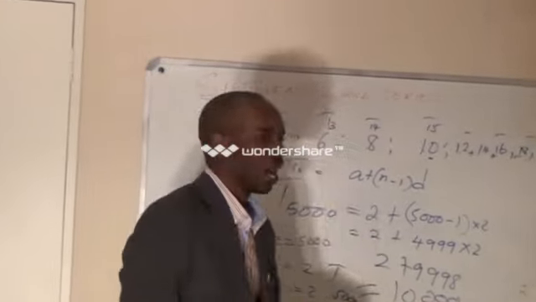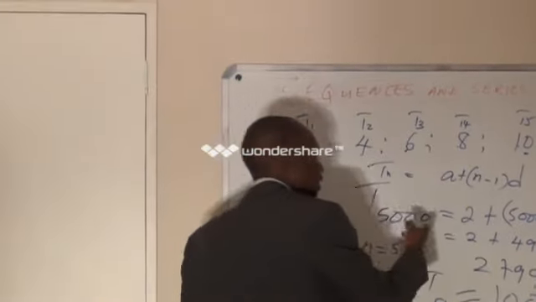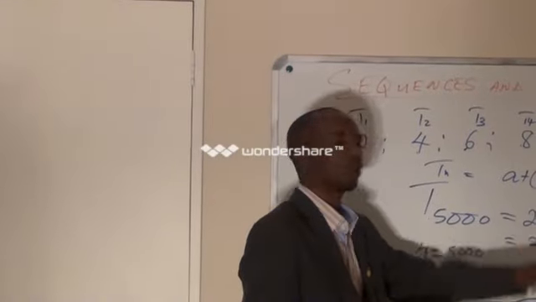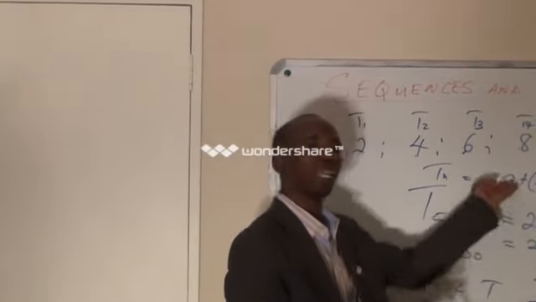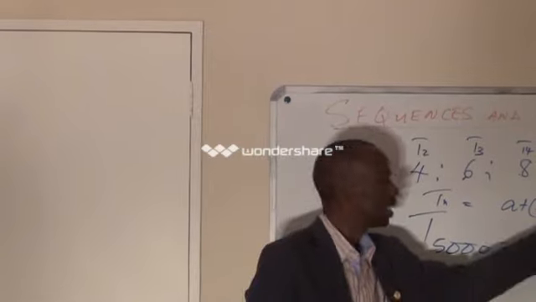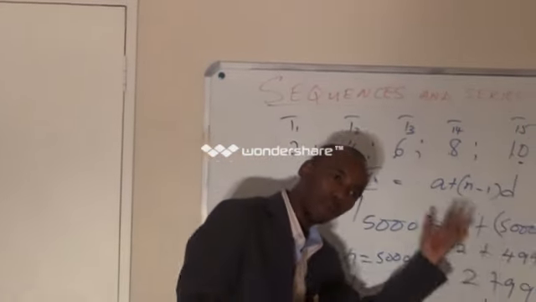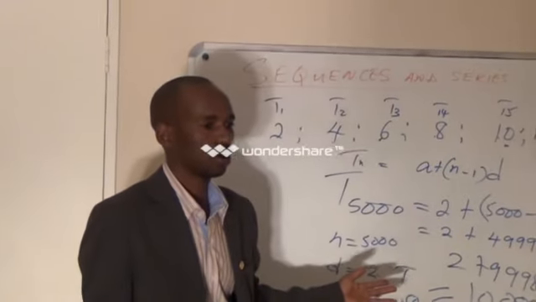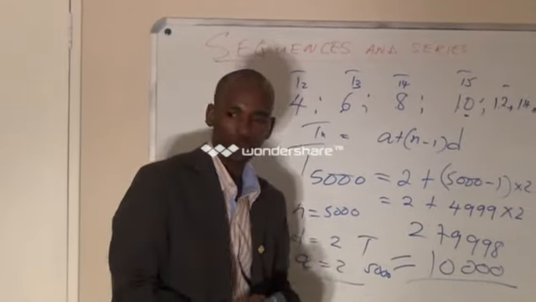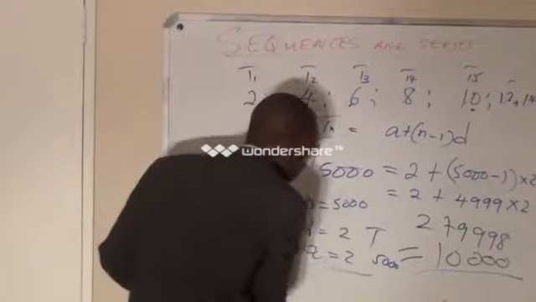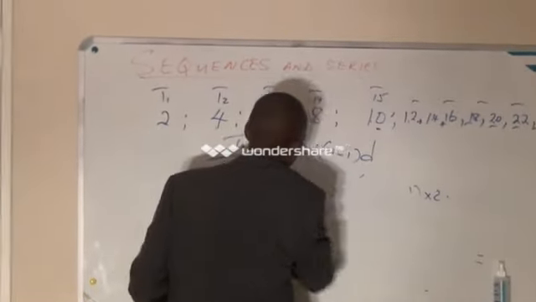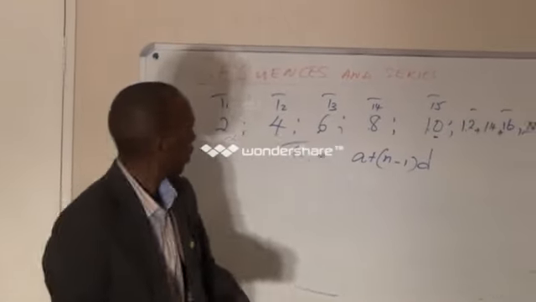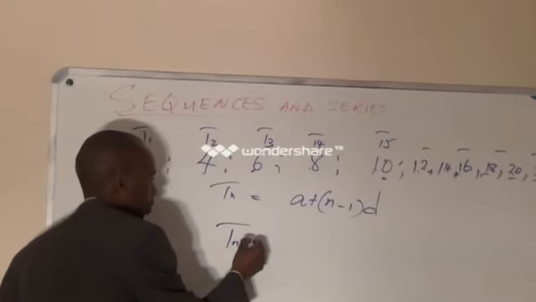Correct? However, we don't necessarily need to continue just writing everything like A plus (n minus 1) D. Our A has been given already. Our D, we know it already. So for a particular sequence, we can actually write a general term. So let's take a look at this one. If we want to define our nth term in general, Tn, what is Tn equal to?